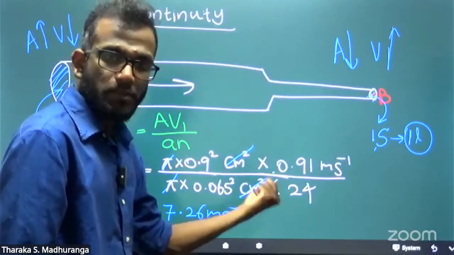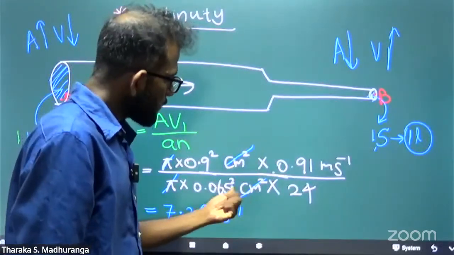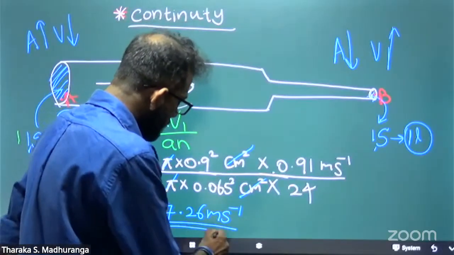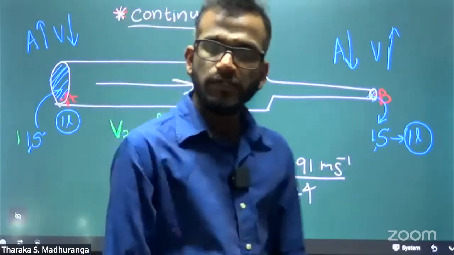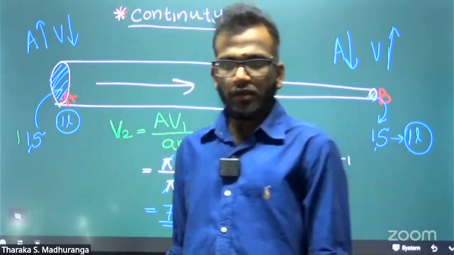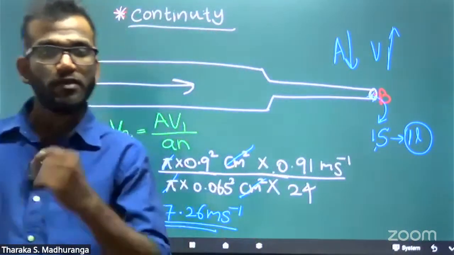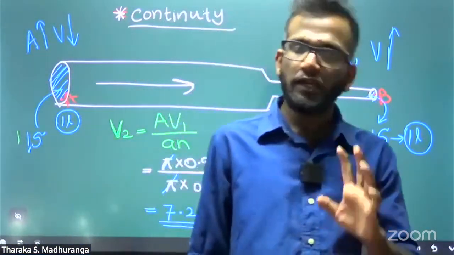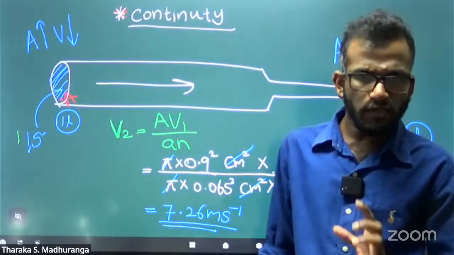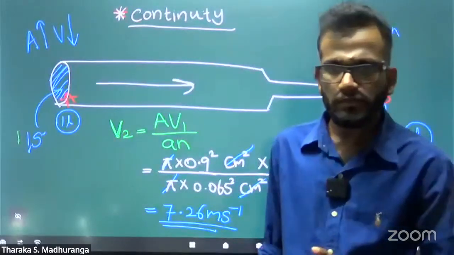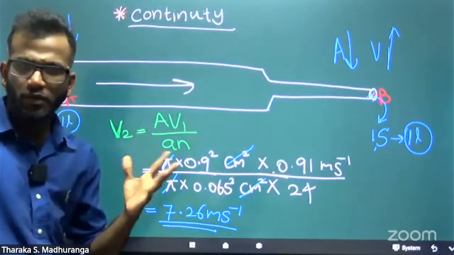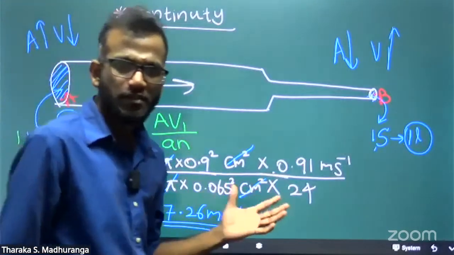But by this shower with small holes, we can speed it up to more than 7 meters per second by using the continuity equation. That's the meaning of continuity flow. Understood? If any doubt, please ask. I think we already discussed these things. They are very simple.